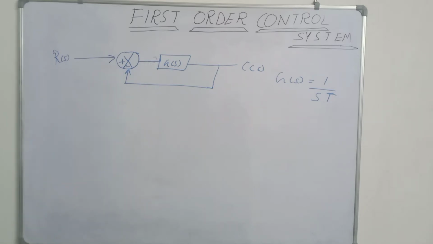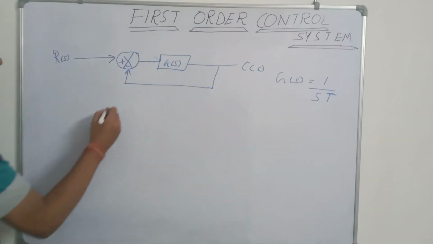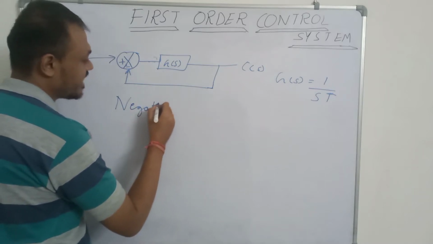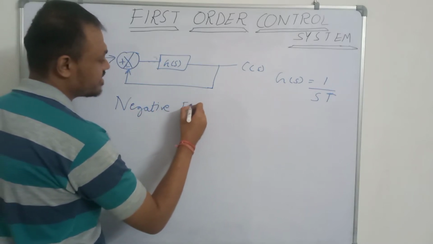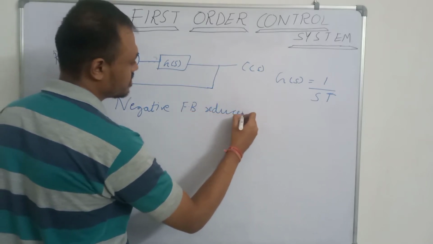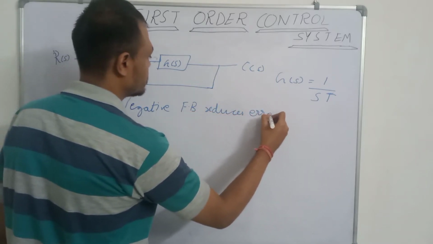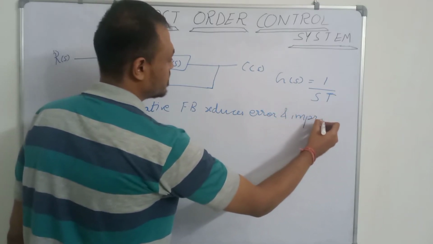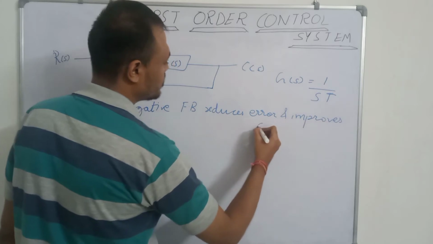What negative feedback does is that negative feedback reduces the error and improves the accuracy.